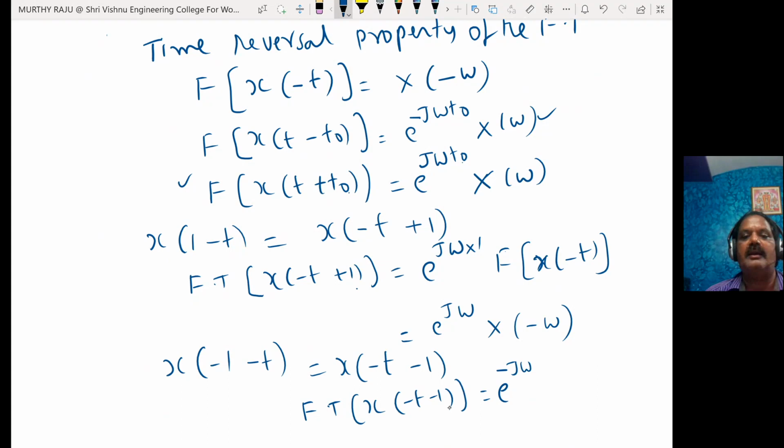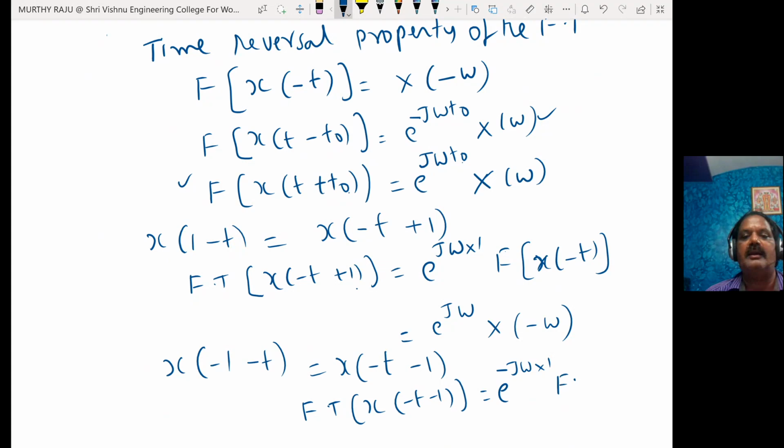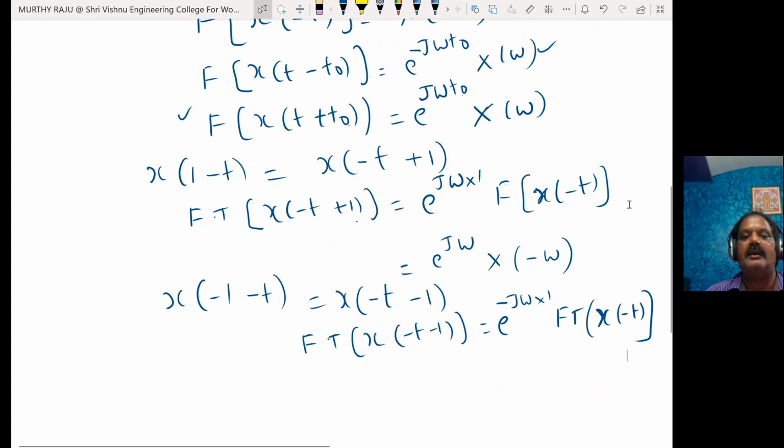The t naught value here is 1. The minus sign means minus j omega into 1. Therefore, the Fourier transform is e power minus j omega X of minus omega.